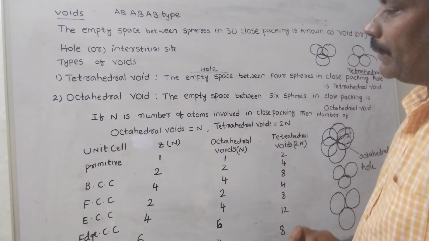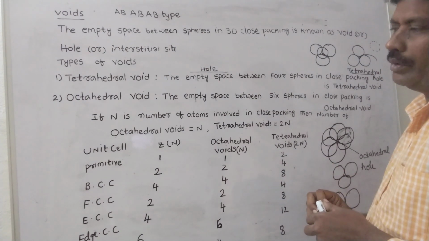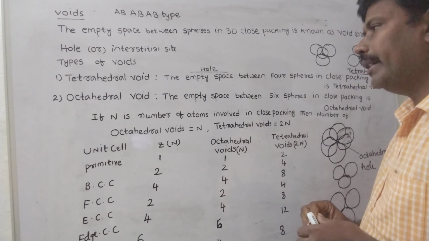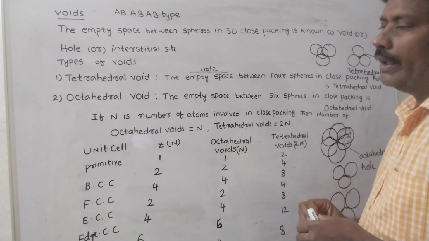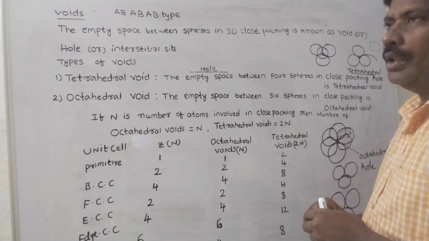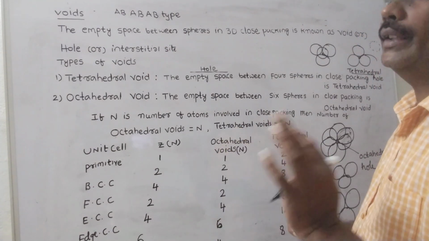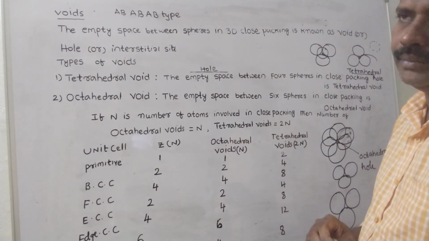Now I am going to explain the size of the octahedral voids and tetrahedral voids. Between octahedral voids and tetrahedral voids, the octahedral voids are always larger than the tetrahedral voids.